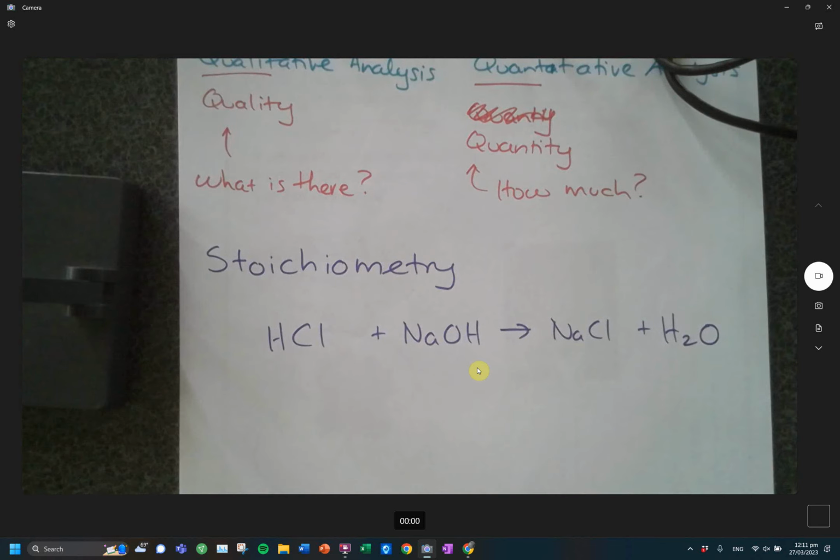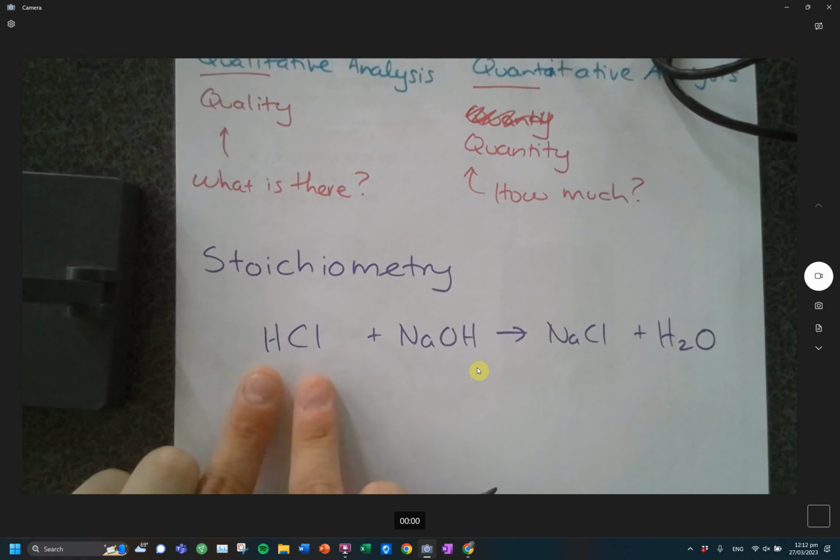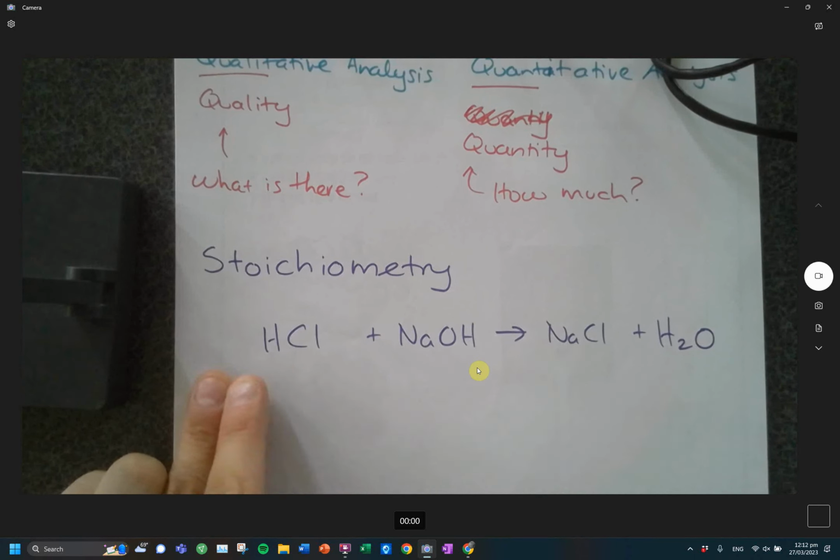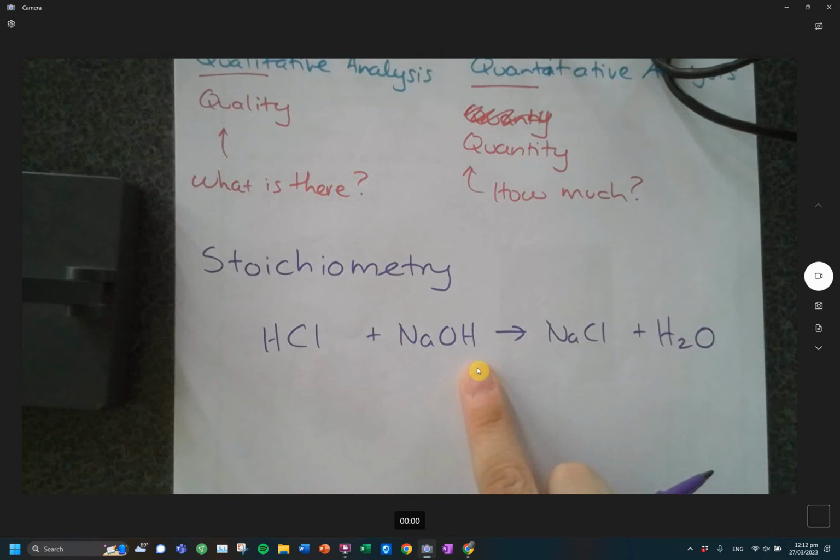Are we good so far? Stoichiometry is using the equation to figure out the amount of something else that is there. So if I know how much hydrochloric acid there is in my reaction, and this is a 1-to-1 ratio, then I could tell what the concentration of the sodium hydroxide is. That is using stoichiometry.